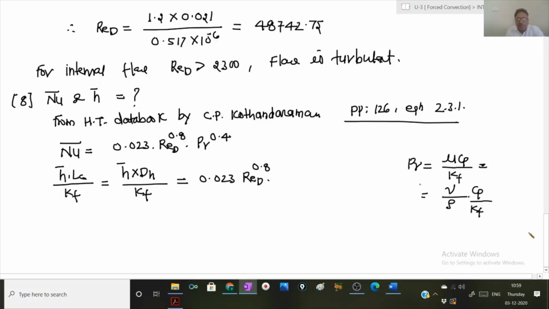So this way I can calculate the value of Prandtl number.